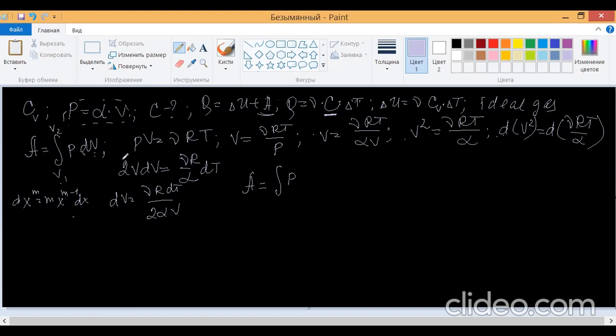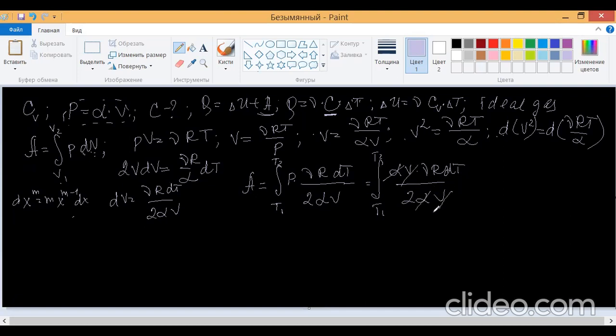So instead of dV, I write this one, nu R dT over 2 alpha V. And now we integrate from T1 to T2 because we've got T after the differential symbol. But P is equal to alpha V, right? So instead of P, I write alpha V times nu R dT over 2 alpha V.